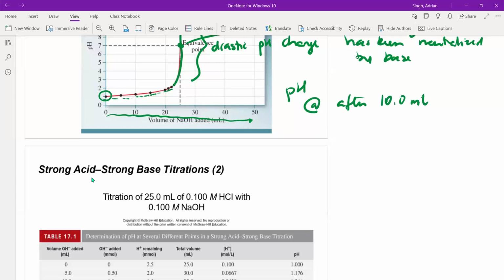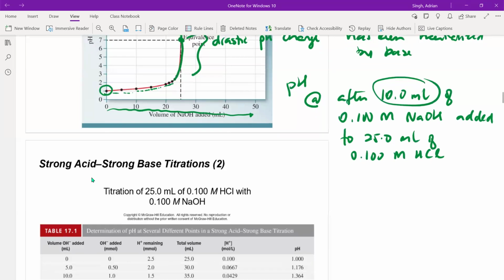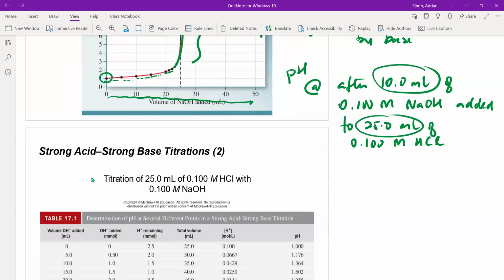So 10.0 mLs of the 0.100 molar NaOH solution has been added to 25 mLs of same concentration, 0.100 molar HCl solution. Right? So here, we look at the total volume at that point, it is 35 milliliters.